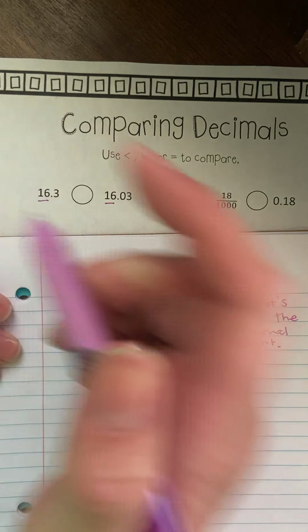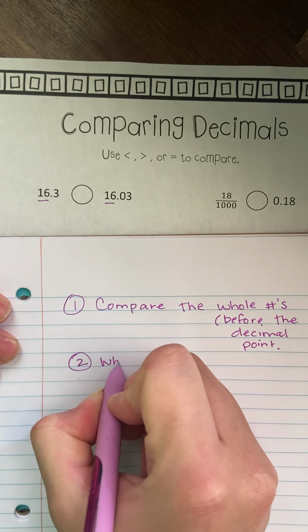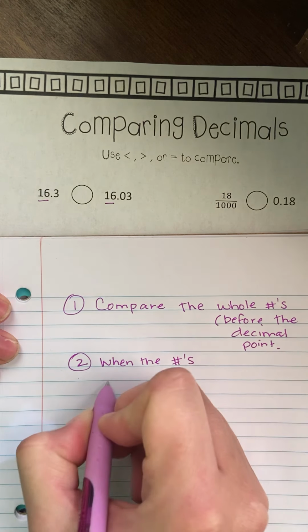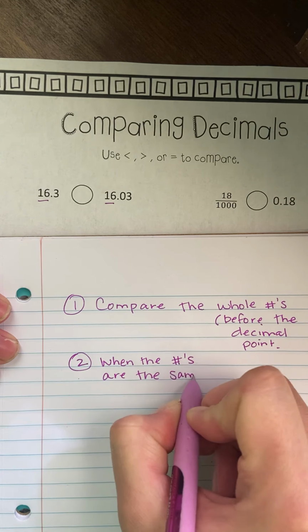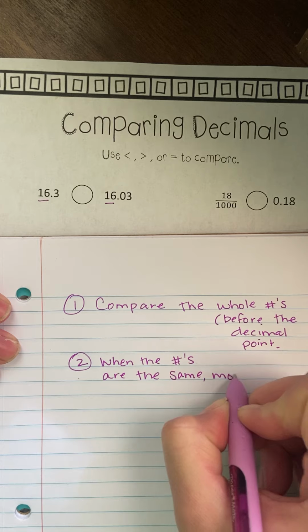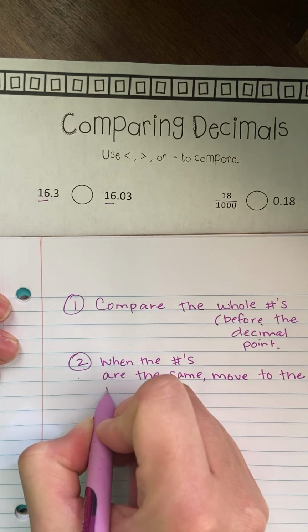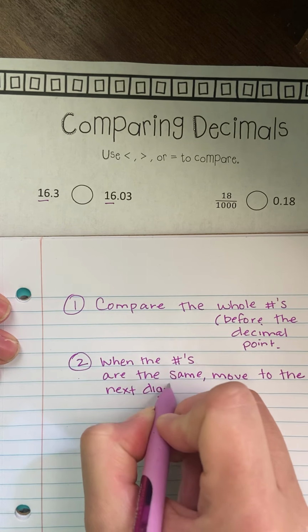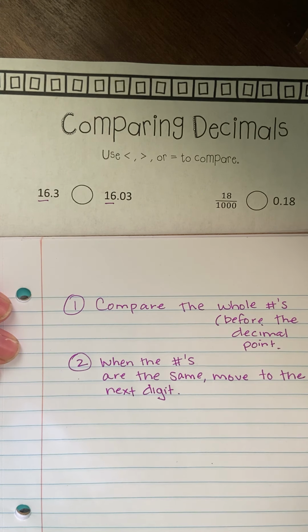So when the numbers are the same, move to the next digit.